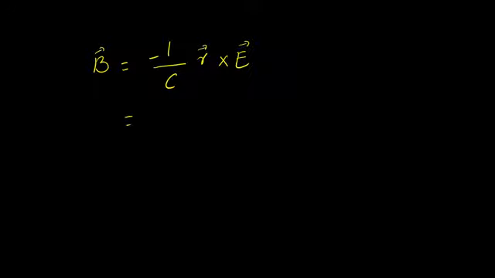Further, we can modify the equation and write it as B equal to minus 1 over m_e c into p cross E. This is the cross product. When we reverse the cross product, instead of p cross E we can write minus E cross p, which reverses the negative sign.